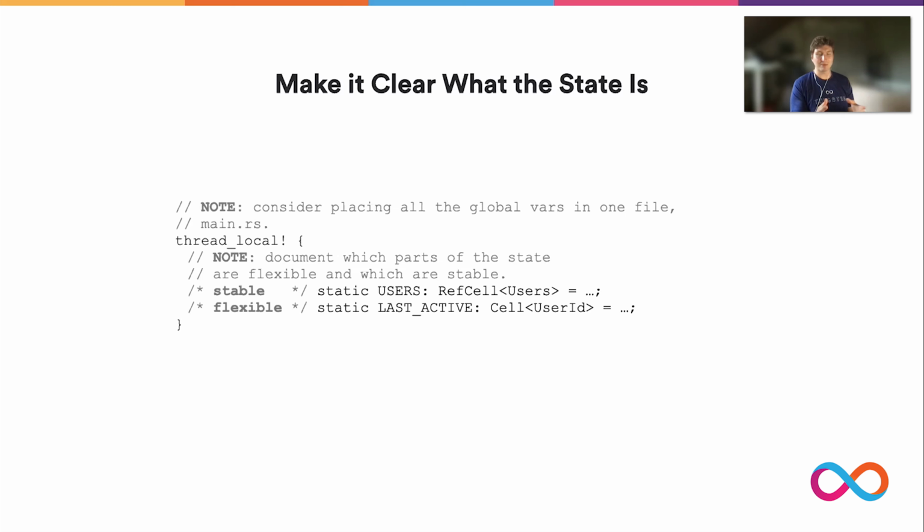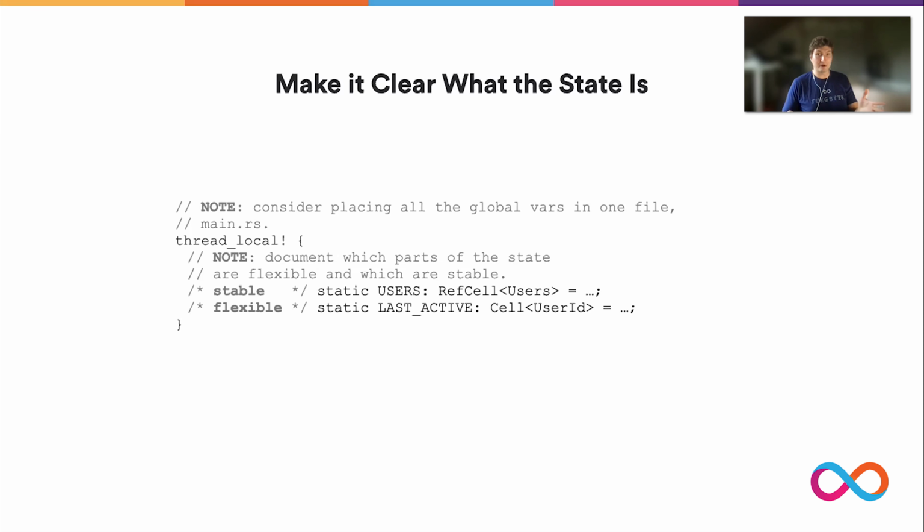Because I saw quite a few times where people split the state across multiple files, for example. And then when you need to verify what happens with your state, for example, you want to review the code and make sure that during upgrade, all the state is successfully transferred to the new version of the canister, and your state is split across multiple files and libraries, it might be very hard to be sure that all the state is safely transferred.